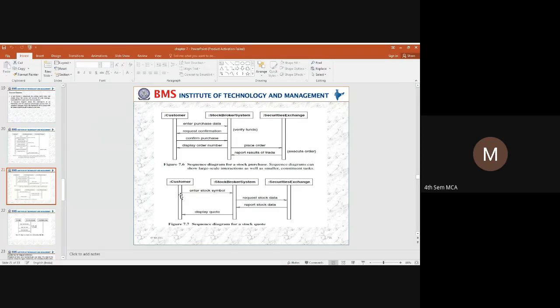Those details have to be brought to the notice of the customer through the brokerage system. When the brokerage system sends the message to the security exchange, the security exchange will report the stock and display the actual quotes that are available.